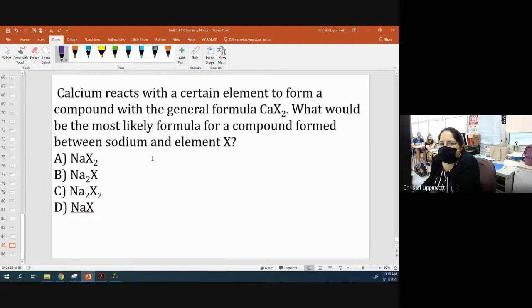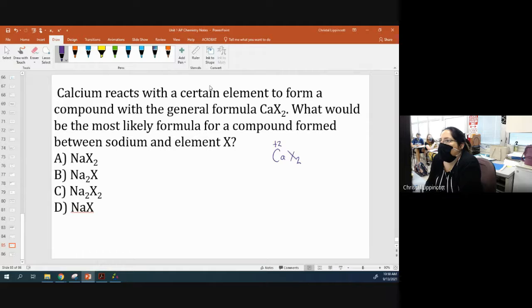So calcium reacts with certain elements to form a compound with a general formula, this. What would be the most likely formula for the compound formed between sodium and element X? So we need to figure out what element X's oxidation number is. Calcium we know is a +2.